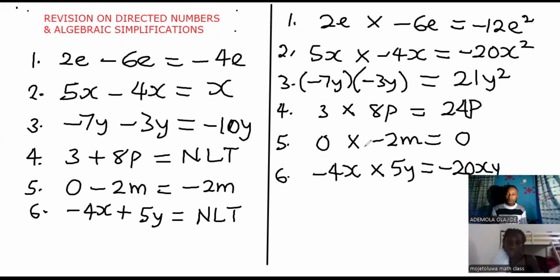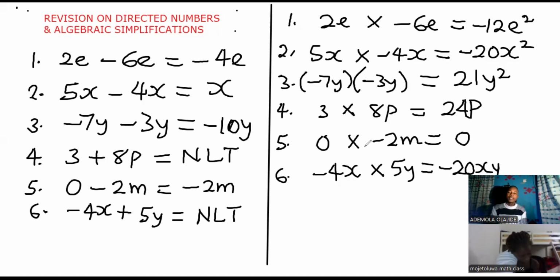So negative times positive, as you can see here, equals negative. So now let's times the 5 and the 4, the negative 4x and the 5y. So 4 times 5 equals 20, and we can't add the x and the y, so we just leave the x and the y like that. So that will give us negative 20xy. Very good. You are correct.